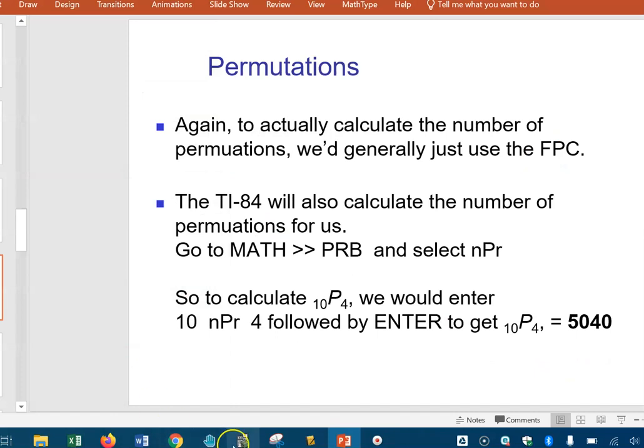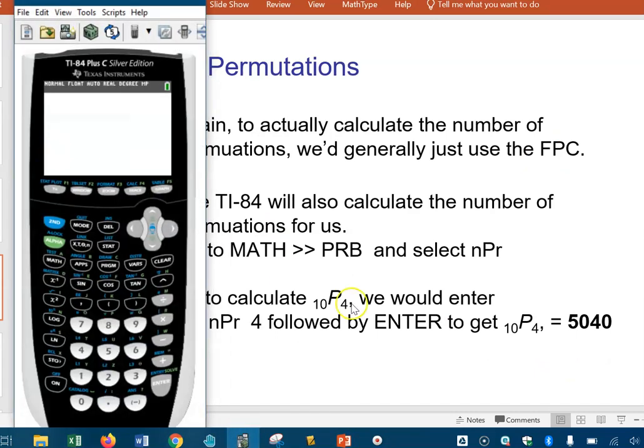Okay, so again, sorry about that. We're going to plug this in, 10P4. Some operating systems are a little bit different, but I'm going to go ahead and plug in the 10 first. And then you'll see I'm going to go over here to Math. And then I have to highlight, in my case, it says PROB, probability, instead of PRB. And then you'll see we have nPr here, we have nCr. I also want to point out we have factorial in here as well.